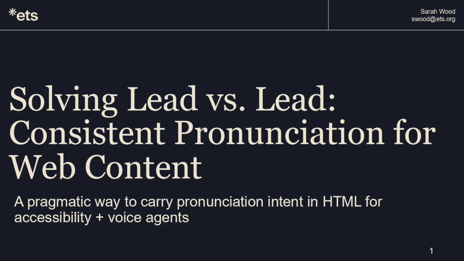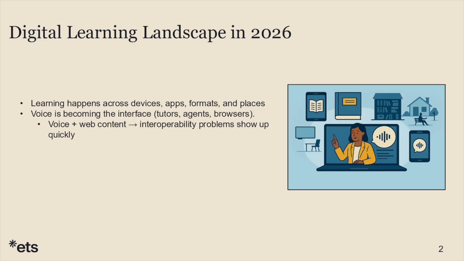of the workshop later. Digital learning in 2026 is drastically different than previous generations. Learning materials are not just found in paper books anymore, but they're found across devices, including phones, gaming systems, laptops, and voice is commonly the interface to engage with these systems.